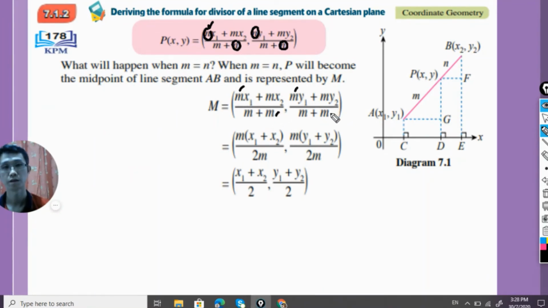Then you will see that the expression now becomes mx1 plus mx2 over m plus m, my1 plus my2 over m plus m. When we simplify and factorize, we will get this expression.